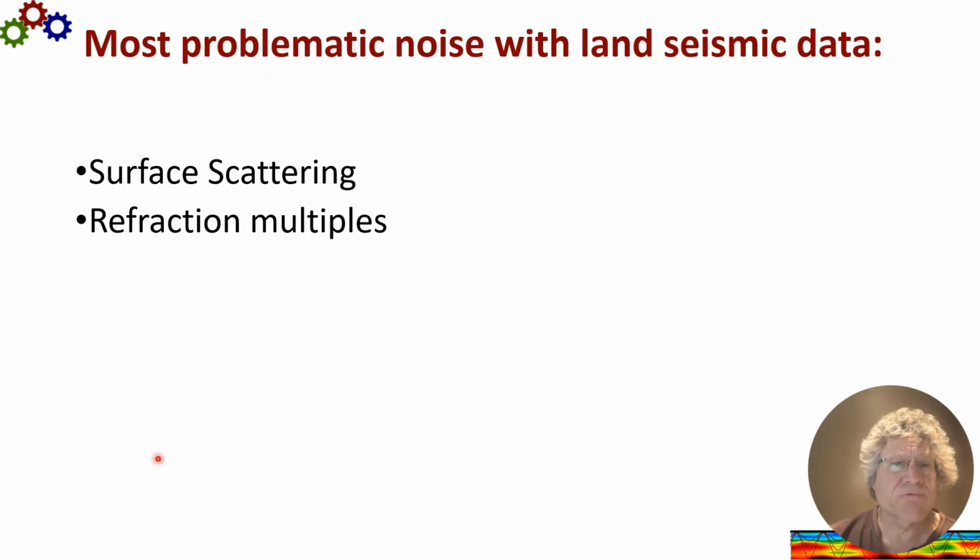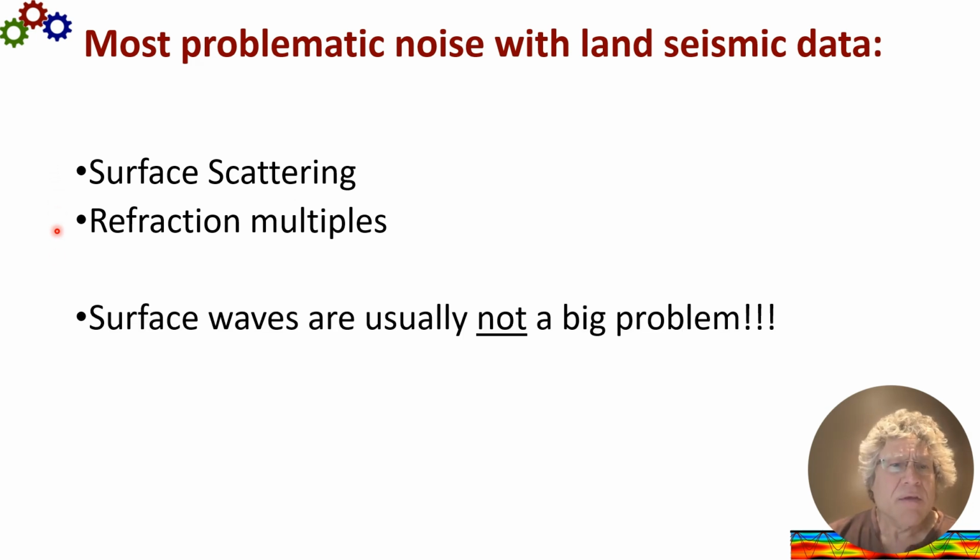So the two most problematic noises with land seismic data are surface scattering and refraction multiples. Now, often they happen together, which causes a problem. We're going to look at them separately, and that's something that modeling lets us do. Note that surface waves are usually not a big problem with modern acquisition and processing.